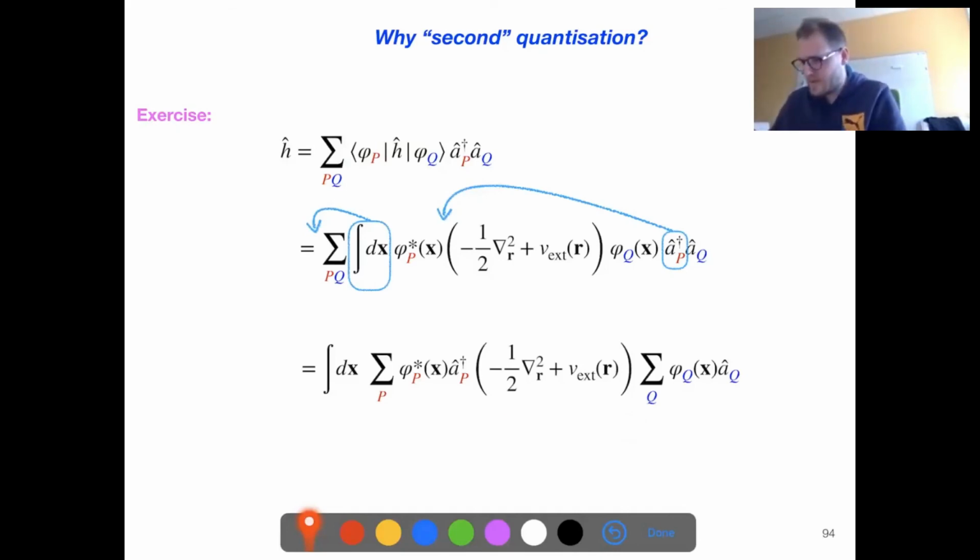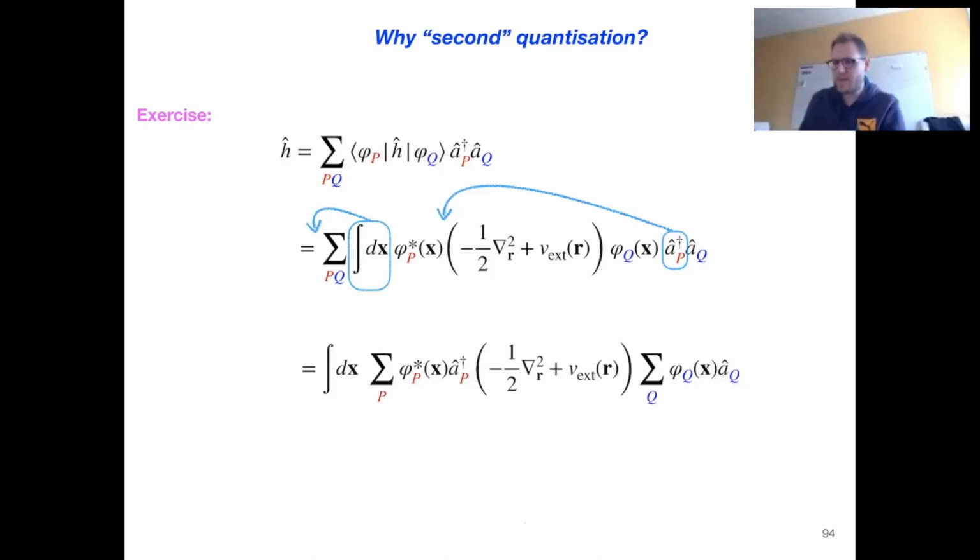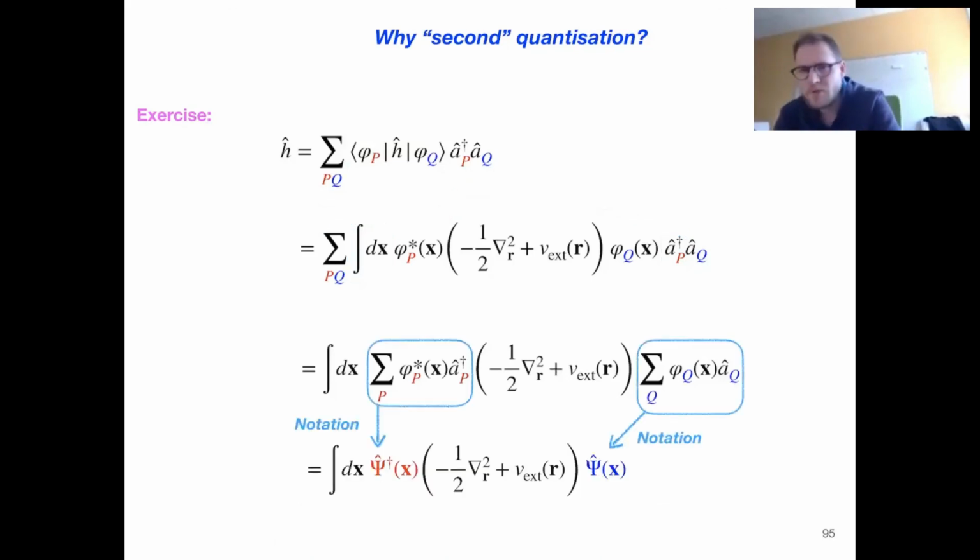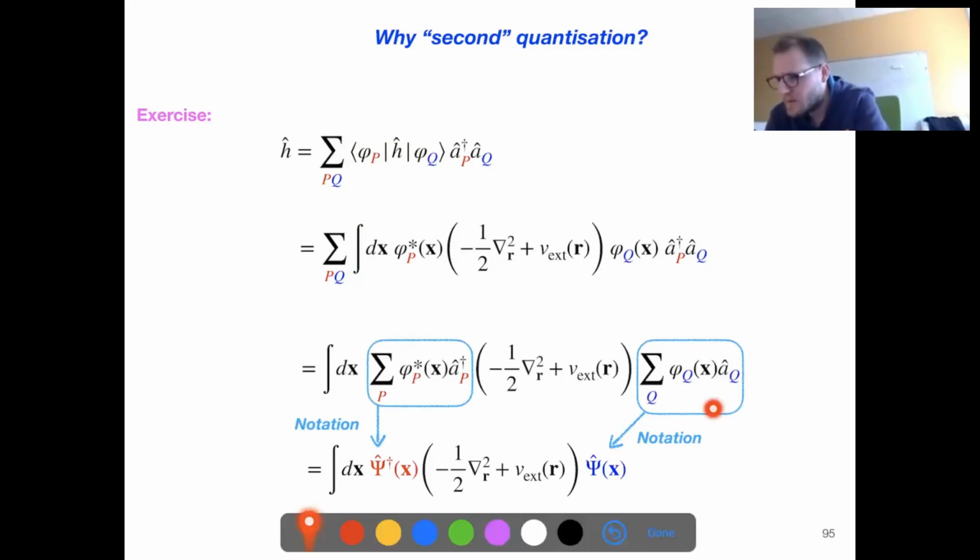But there's something striking if you introduce a notation. On the right-hand side, you have this summation over all the spin orbitals, but this thing at the end depends on X. I remind you, X stands for position and spin. It's just a notation, and we'll see later on why it is smart to do that.